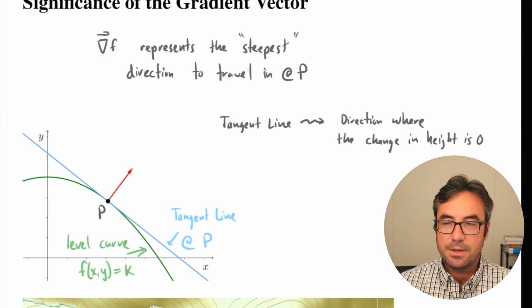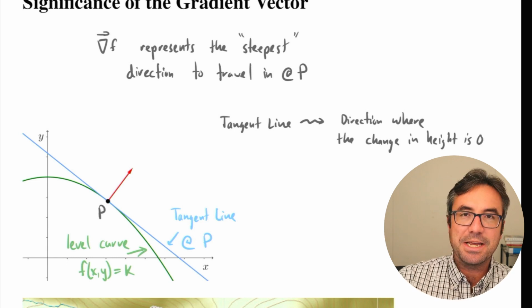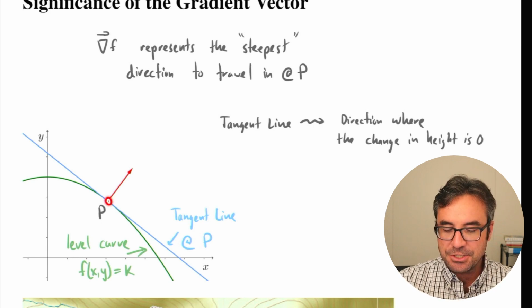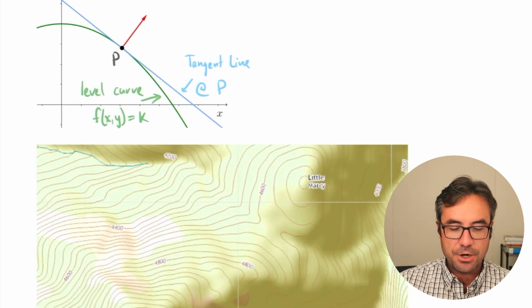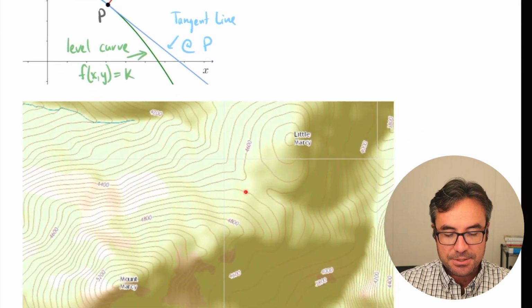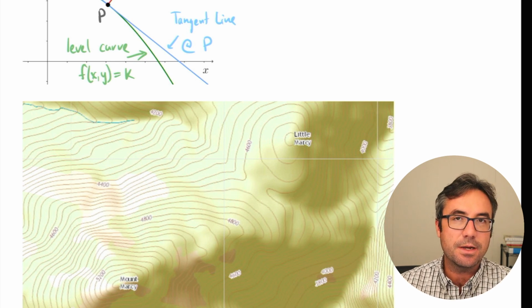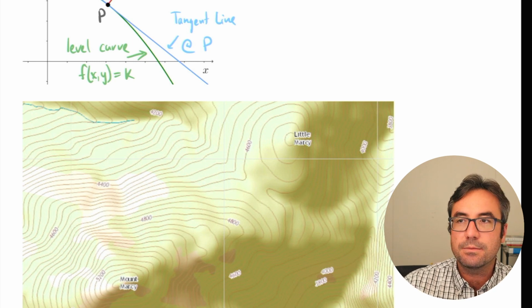That's why, if you're ever hiking a mountain and you want to take it easy on yourself, rather than walking straight uphill, you could walk along the contour, and you're not walking uphill or downhill. You're just walking flat.